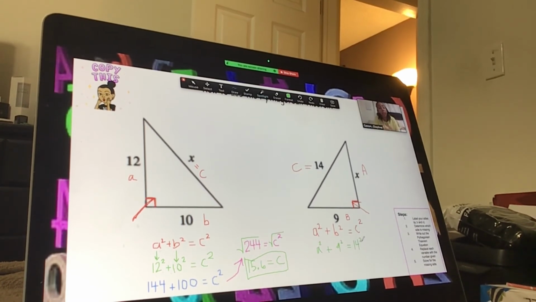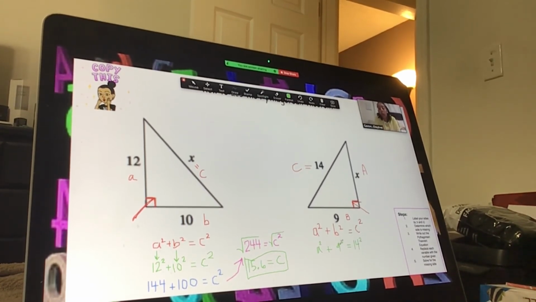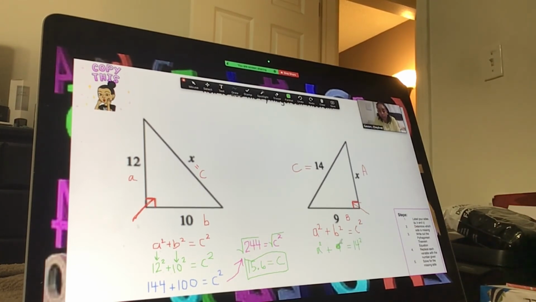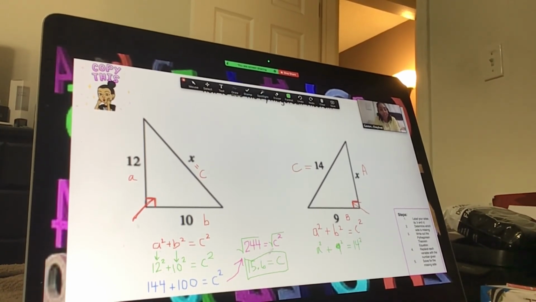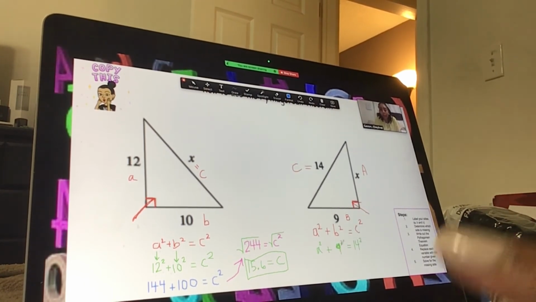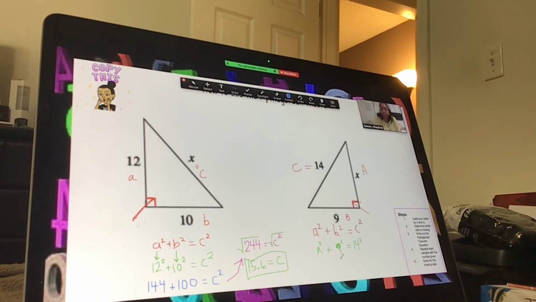Okay, so in this case, when I don't know A or B, when I'm not privileged to have the number for A or B, I'm going to solve it very similarly to this, except instead of adding the two numbers together, I now need to subtract, and you'll see how that works when I do it right now. So I am going to first figure out what 9 squared is. 9 squared is 9 times 9, which is 81.